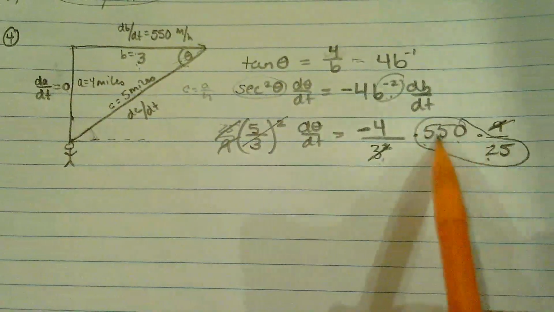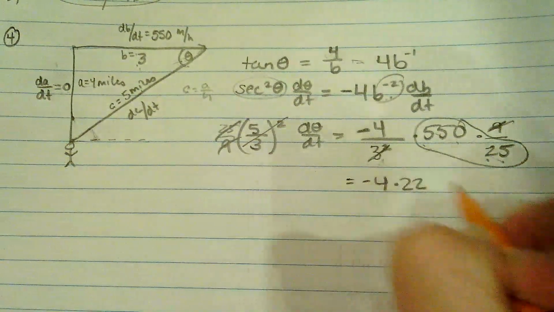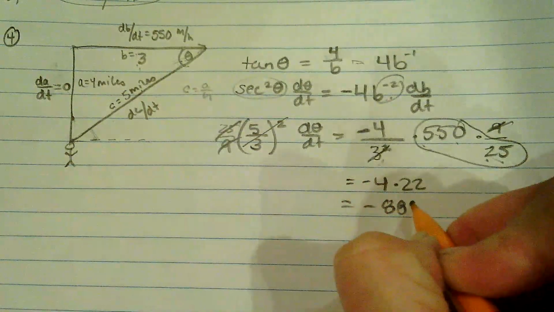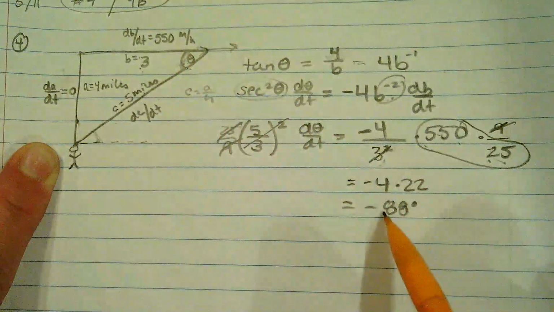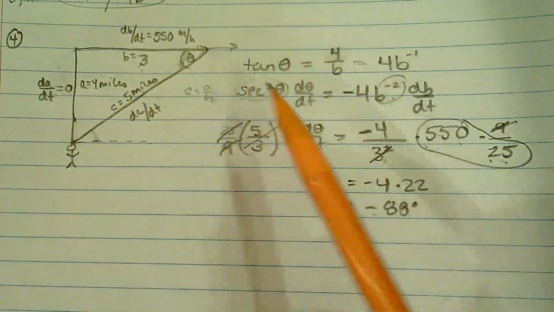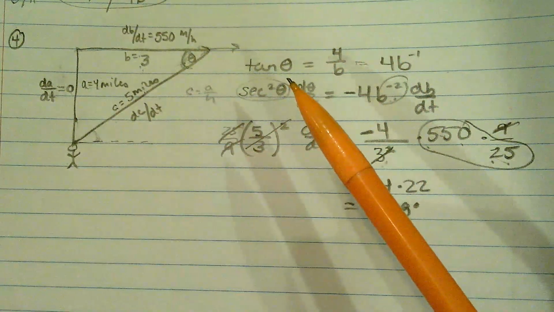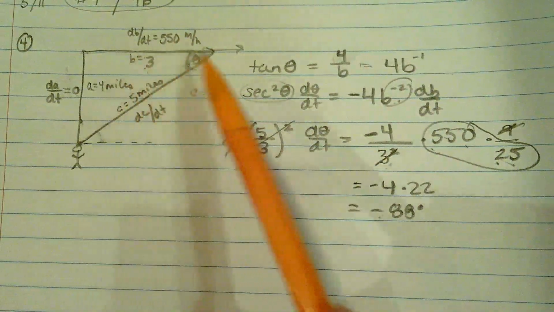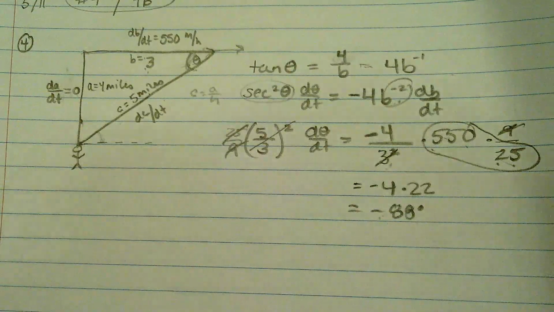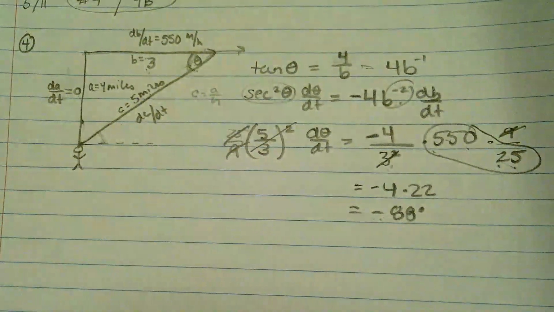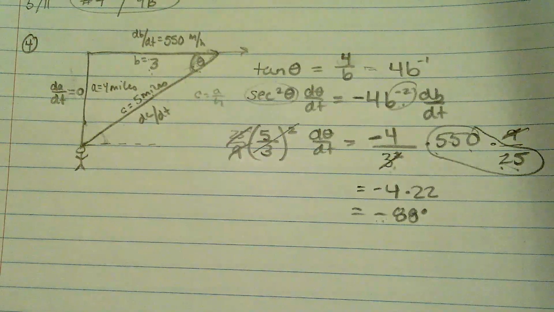So this right here is 22, and negative 4 times 22 puts us at negative 88. So if this is flying away, it makes sense that that's shrinking. That would justify the negative sign at 88 degrees per hour. The problem doesn't really specify if the plane is going towards the observer or away from the observer. So that negative sign, if you set it up differently, might not be there. But it's changing at 88 degrees. Who cares if it's growing or shrinking per hour?